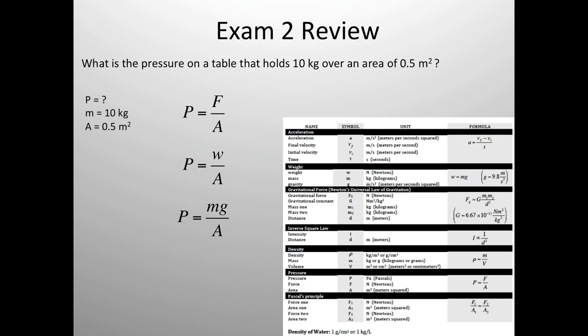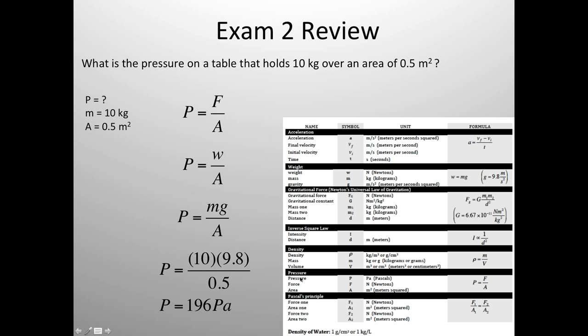So we can rewrite this equation as pressure equals mass times gravity divided by the area. And then it becomes simple plug and chug. My mass is 10, gravity is a constant 9.8, divided by 0.5, and I end up with a pressure of 196 pascals.